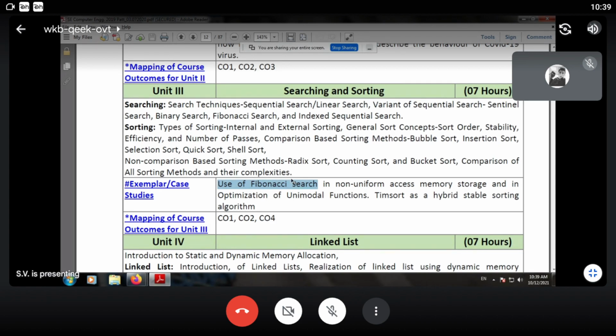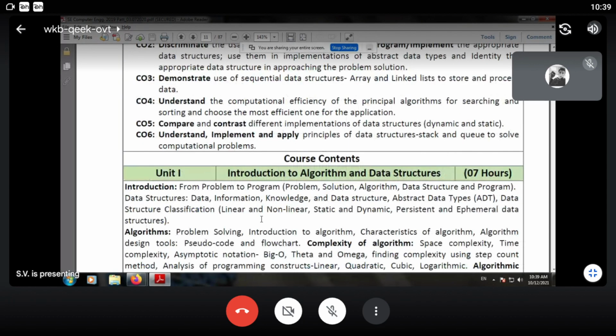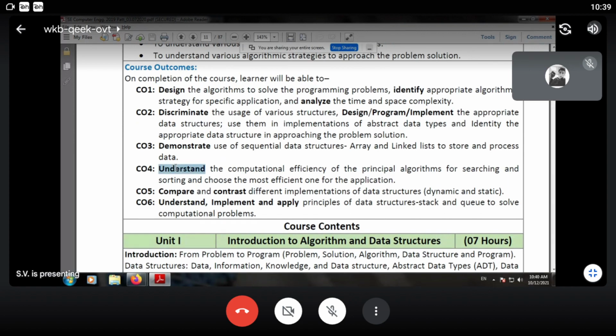If you are able to complete this along with CO1 and 2, we will have CO4 completed as part of the study. Course objective 4 is simply defined as: you are able to understand the principles of algorithms for searching and sorting and choose the most efficient one for the application. You can analyze the algorithm and choose a sorting technique.